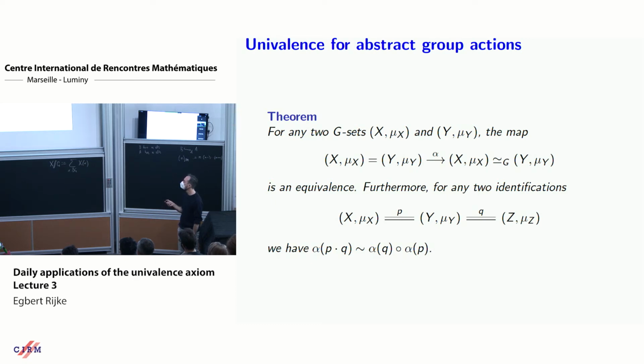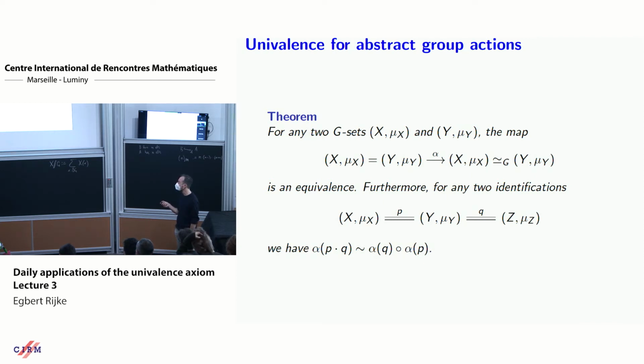And there's another thing I'm saying here, that for any two identifications of G-sets, p and q, this alpha here respects the concatenation, so it turns concatenation of paths into composition of functions in the other order. And that's because we usually write the concatenation in the diagrammatic order and the function composition in the other order, but they respect each other.